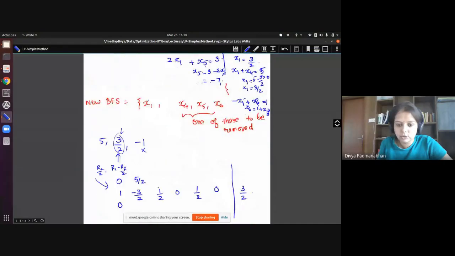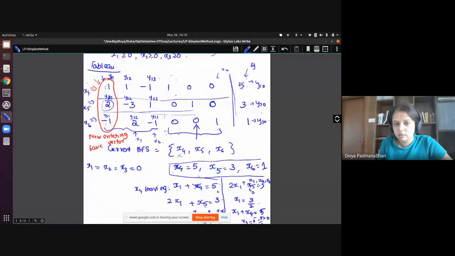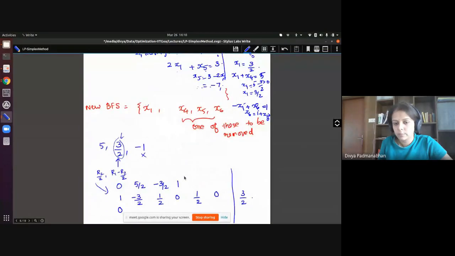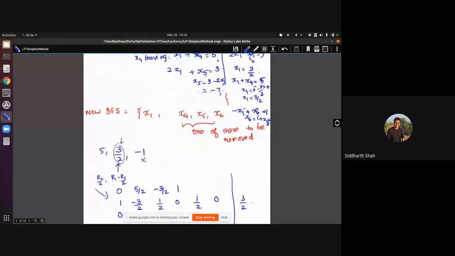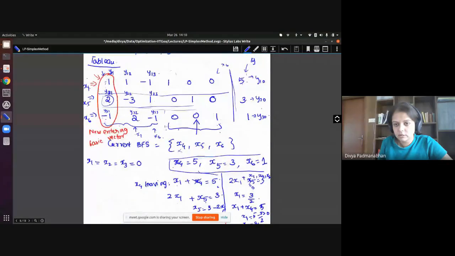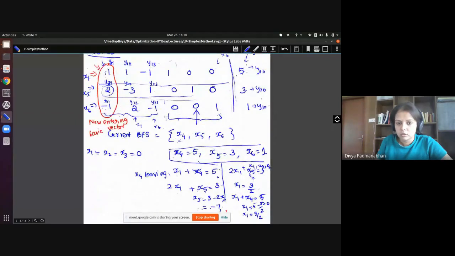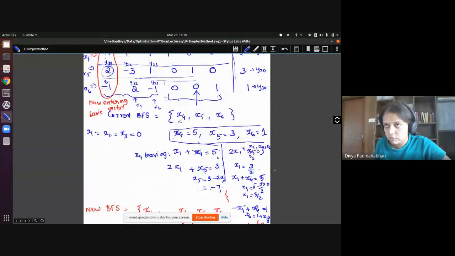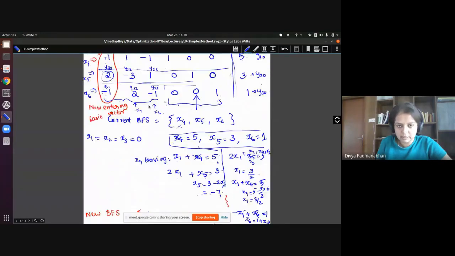Exactly, minus 3 by 2. And 1, this is 1 itself, right? Minus half and 0. And the last entry here would be 7 by 2, 5 minus 3 by 2, right? Yeah, correct. 7 by 2. So this first row is taken care of.